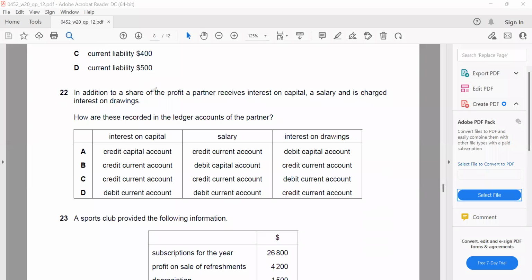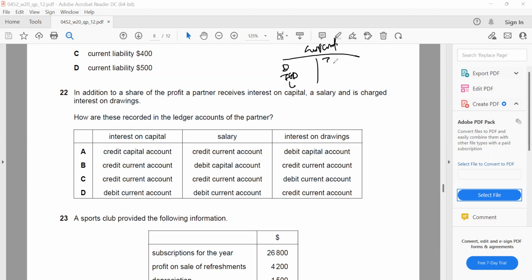In addition to a share of the profit, a partner receives interest on capital and a salary, and is charged interest on drawings. How are these recorded in the ledger of the partner? Interest on capital goes under the current account for the partnership. On the debit side, you have drawings, interest on drawings, losses.